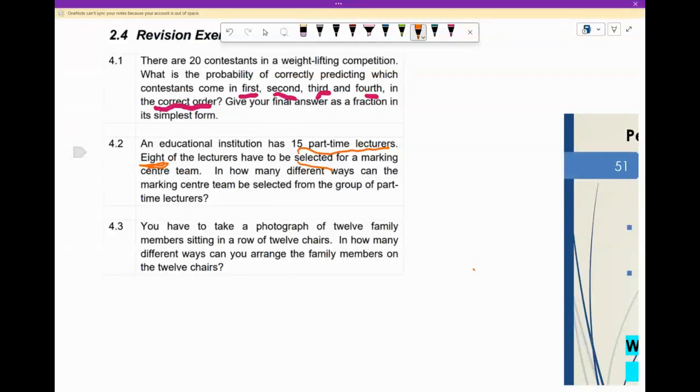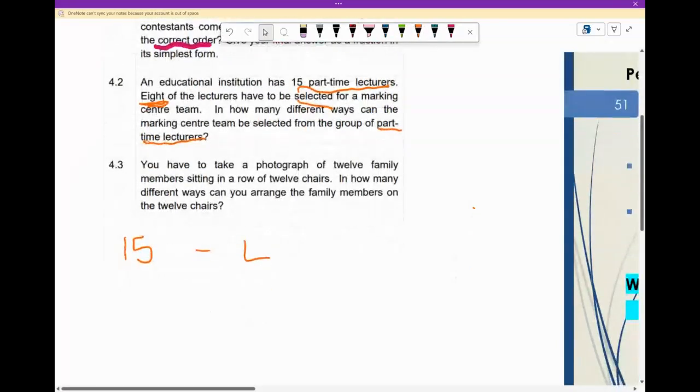In how many different ways can the marking center team be selected from the group of part-time lecturers? We have 15 lecturers in total, and they're putting together a marking center and only need 8 of those 15.